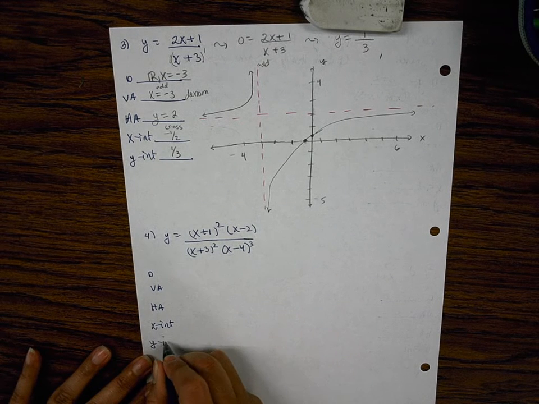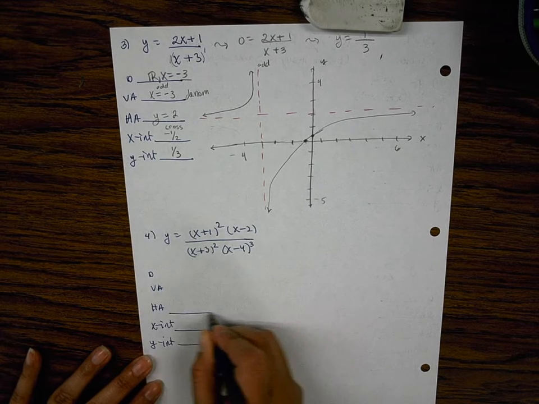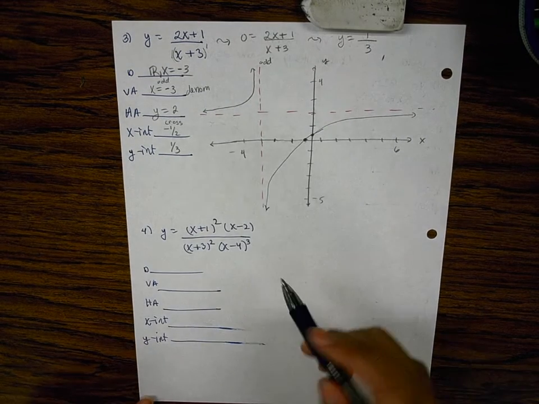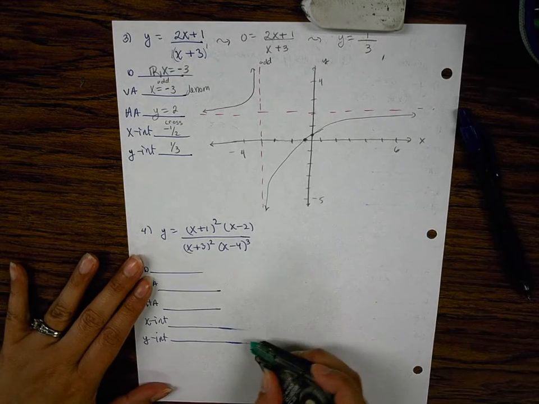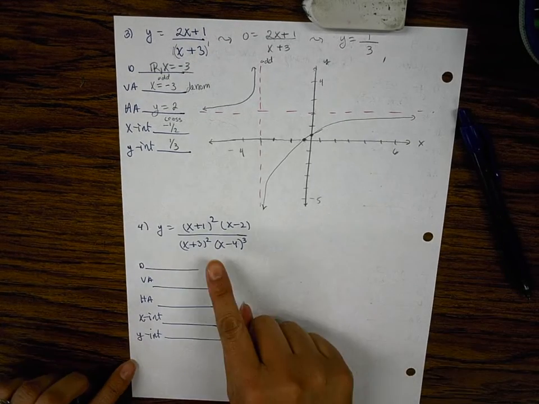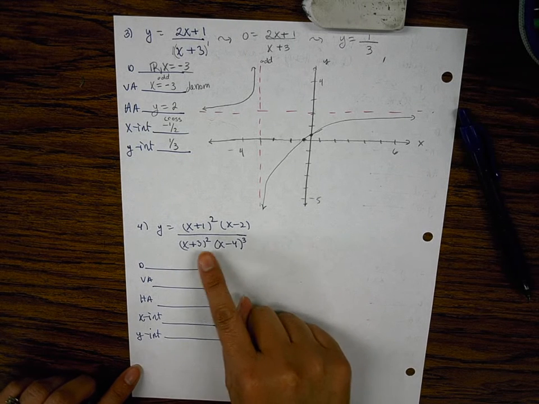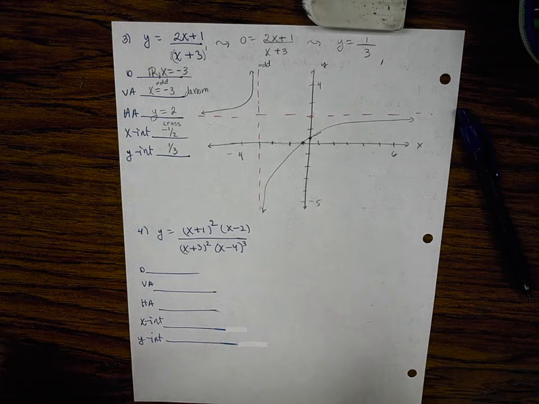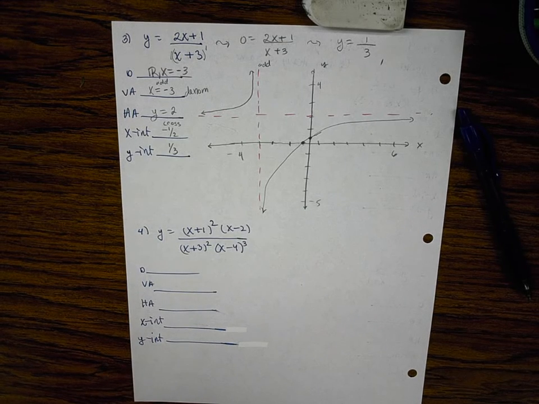Now keep in mind right here, right there, we have some multiplicity that's even, which means there are going to be some same direction, opposite direction. I know that may sound a little confusing. Try your hardest, do your best. We will go over it together in class.